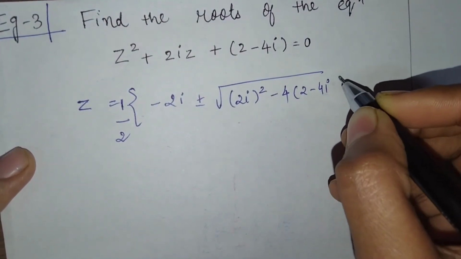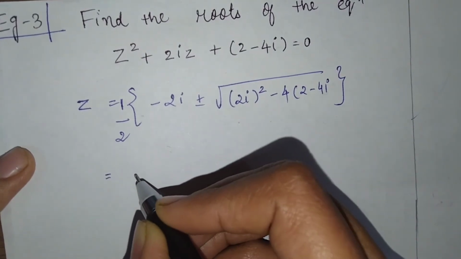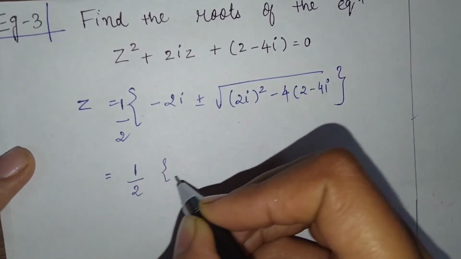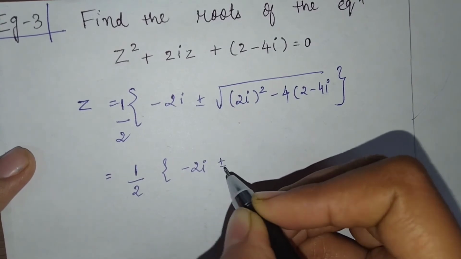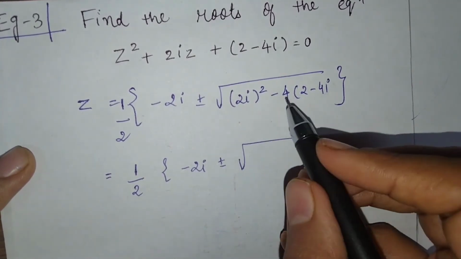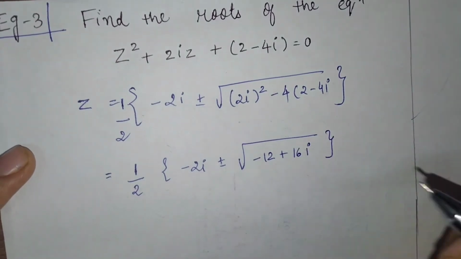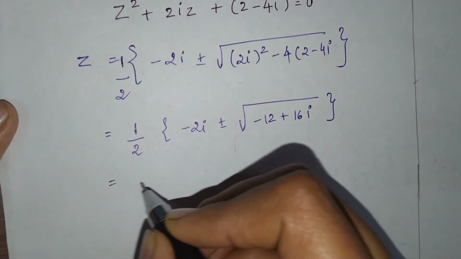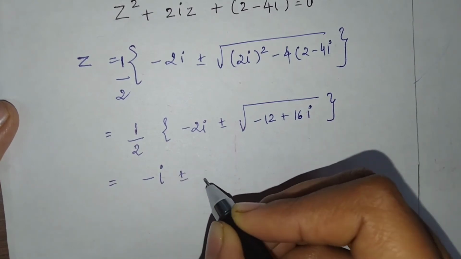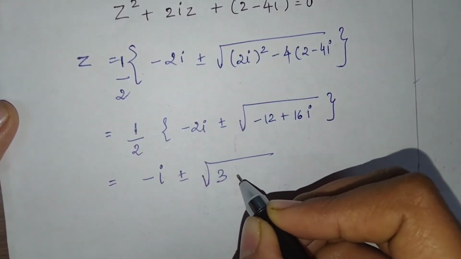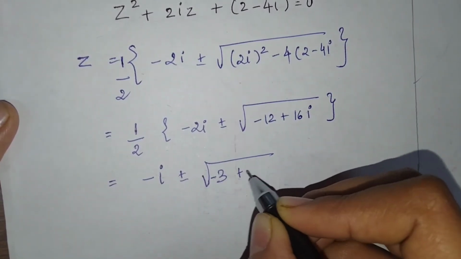And solving it further we will get minus 2i plus or minus root of minus 12 plus 16i. So we can write it as minus i plus or minus root of minus 3 plus 4i.